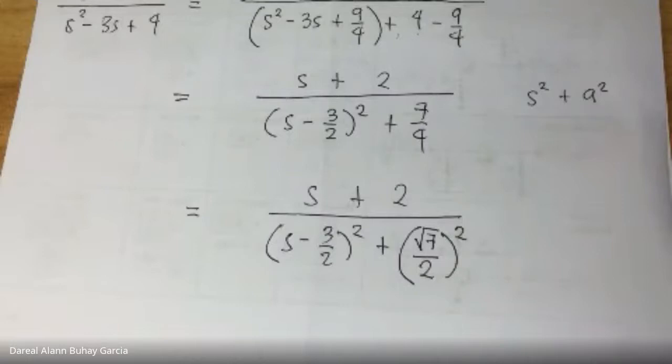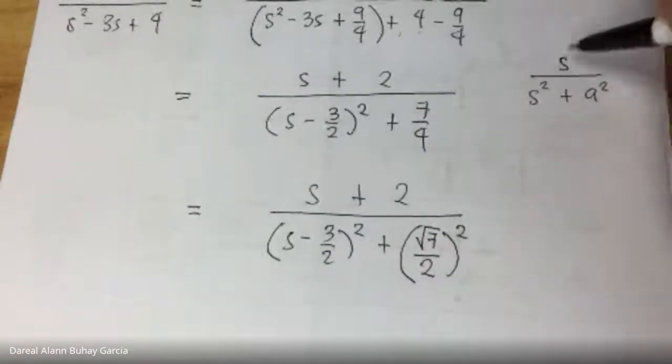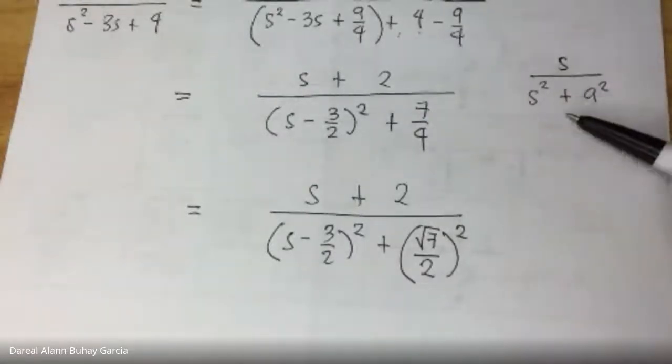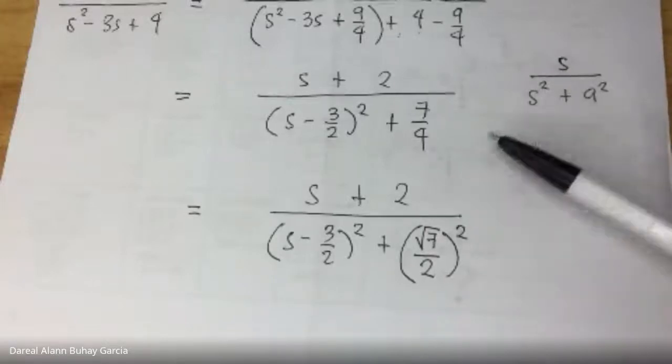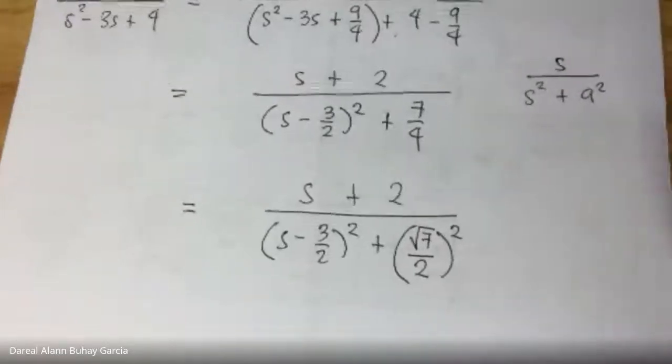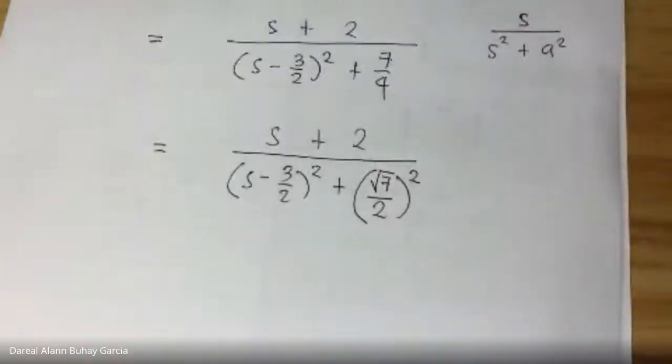Pareha ra ba? Kani og kani? Para bitaw ang denominator is mag-ani gyapon nga form. So, okay. What's next?